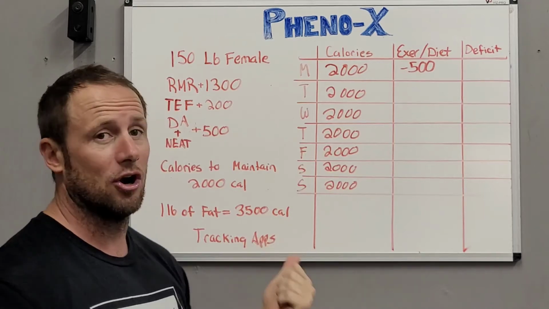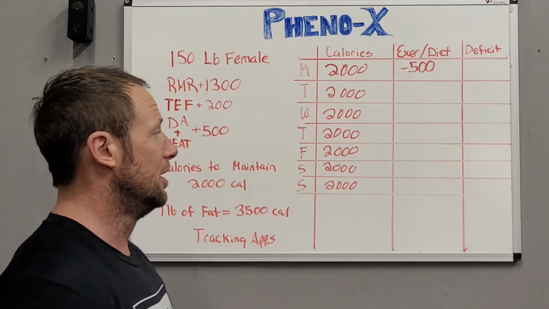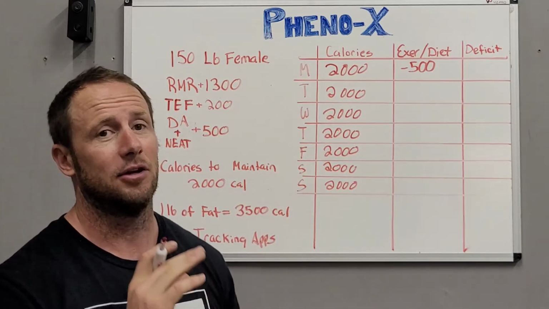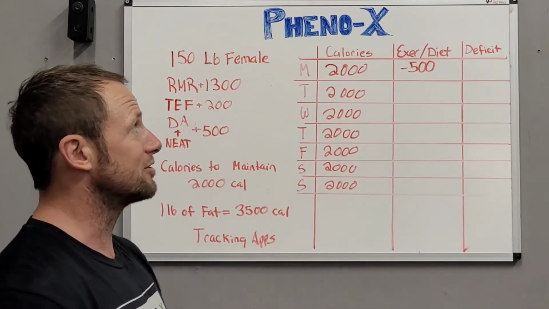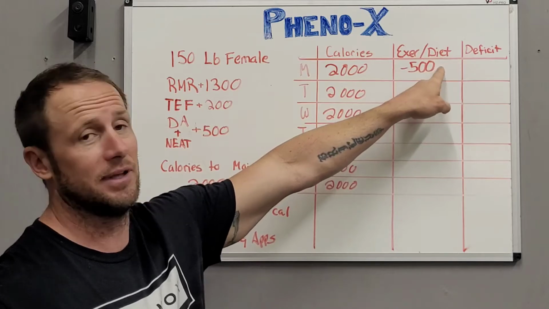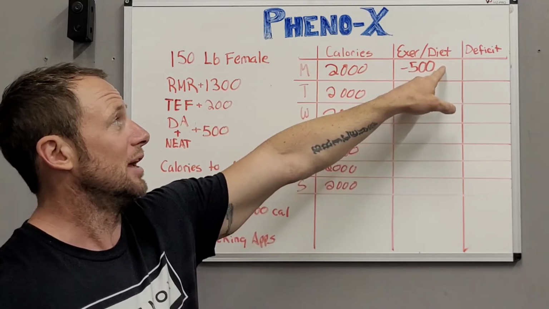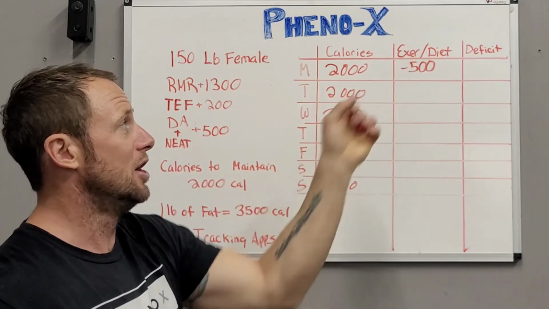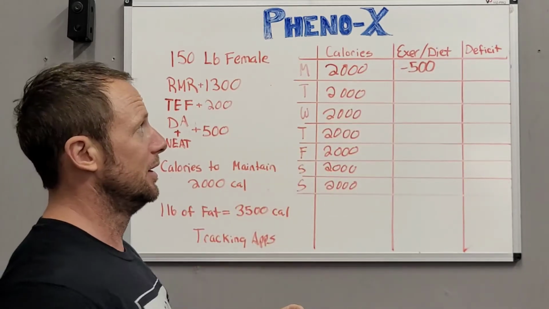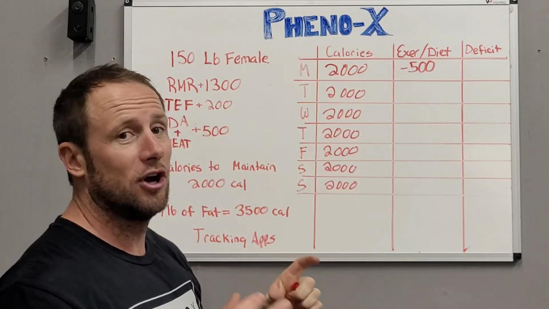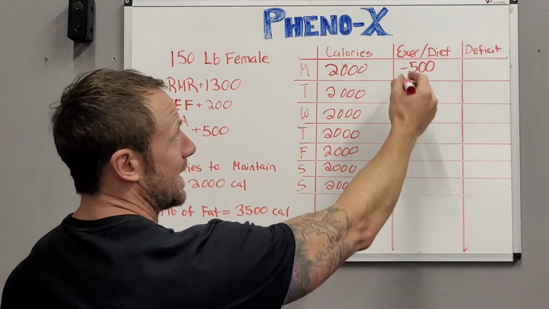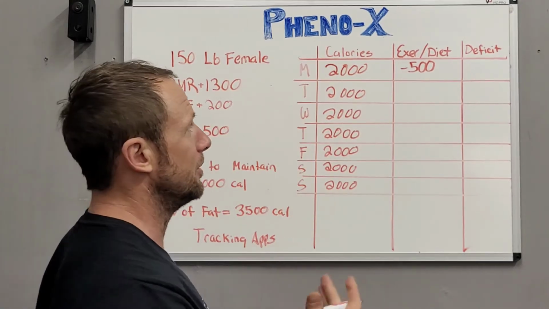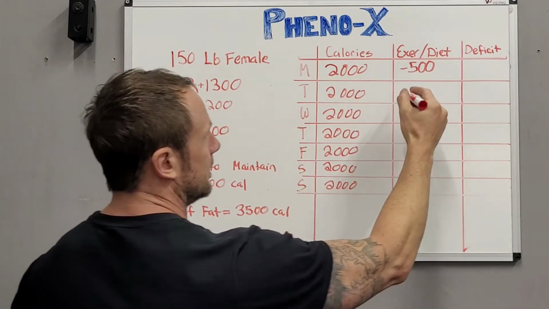These tracking apps are all notorious for overestimating caloric burn during exercise. So do not fall for this, because I guarantee, unless you are doing some crazy training, you are not getting to 500 calories. So I would input 250 to 300 calories. But we're going to use this number just to keep the number simple to understand.